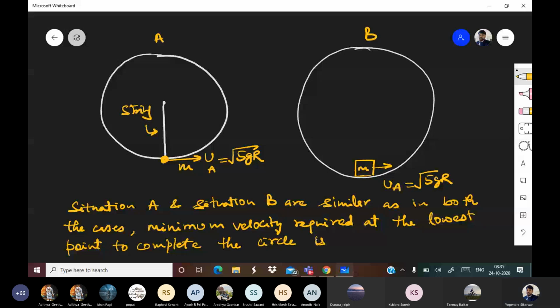So in both the cases, the minimum velocity which is required at the lowest point is root 5 gr. That's why these both are identical. Noted, everyone? Noted? Say yes, sir. Yes. Good.